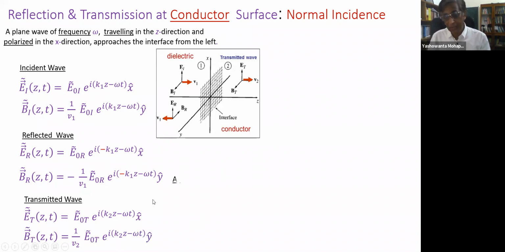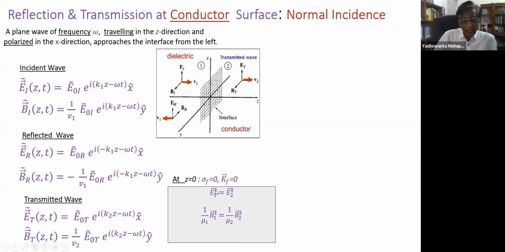Okay, dielectric. Now I'll apply the boundary conditions. At the boundary there is no free charge, so sigma f is 0, and we assume there is no free surface current at the interface. So no free charge and no free surface current, and hence we can apply what we have done several times.